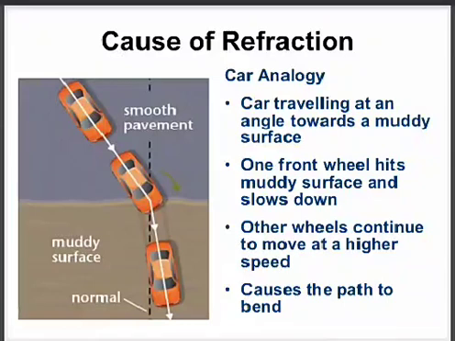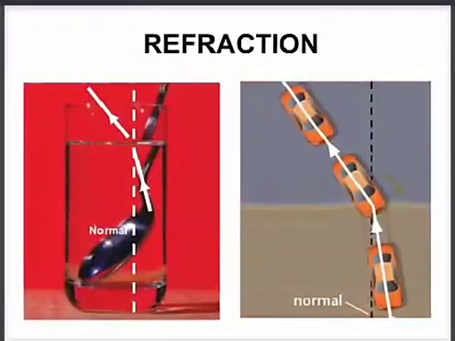The analogy is given. You can see there is a normal. The car is coming and there is a muddy surface. On a muddy surface, of course the speed will reduce, so your speed will reduce, hence your car will bend. This is a simple analogy which is given in front of you. So you can just relate the two.